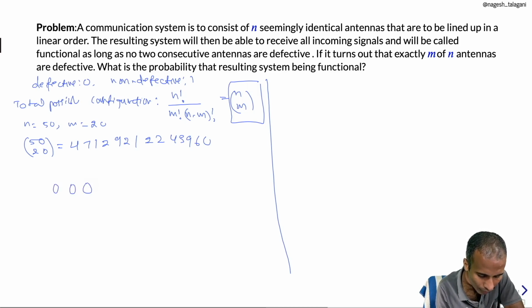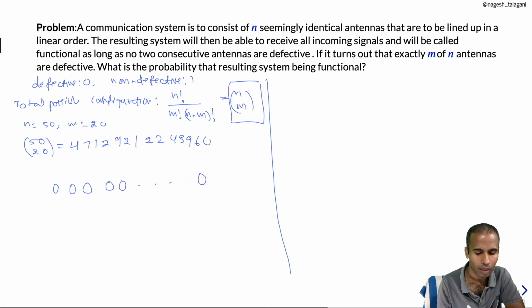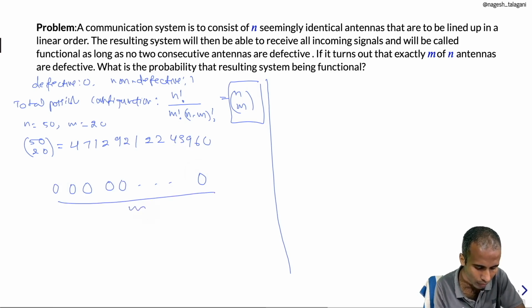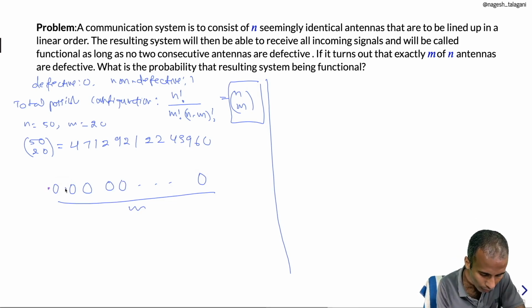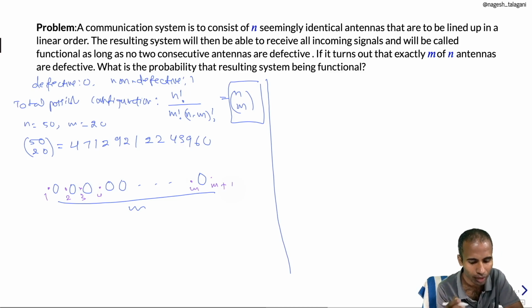You have m zeros. You put them like this. Now these are m zeros. Then immediately I see m plus 1 spots. Here is 1, 2, 3, 4, and so on, up to the mth spot, the m plus 1 spot. To make a system configuration, we need to throw the remaining n minus m ones in these spots.